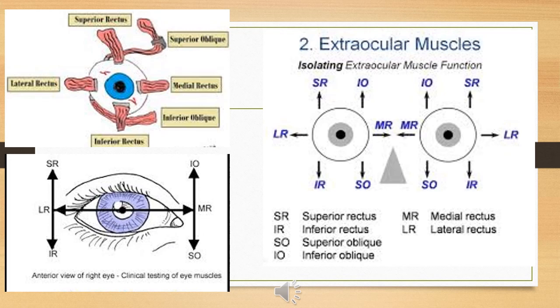First of all, there are 6 extraocular muscles for each eye: superior rectus muscle, inferior rectus muscle, the medial and lateral rectus muscles, the superior oblique muscle, and the inferior oblique muscle. All these extraocular muscles are innervated by the oculomotor nerve, except the superior oblique muscle, which is innervated by the trochlear nerve, and the lateral rectus muscle, which is innervated by the abducent nerve.